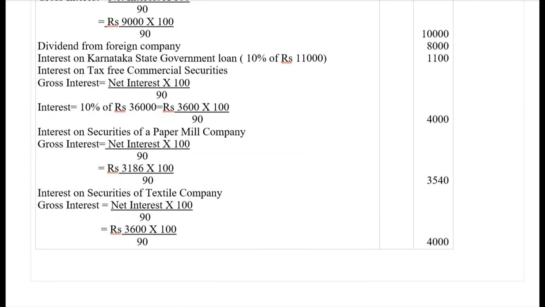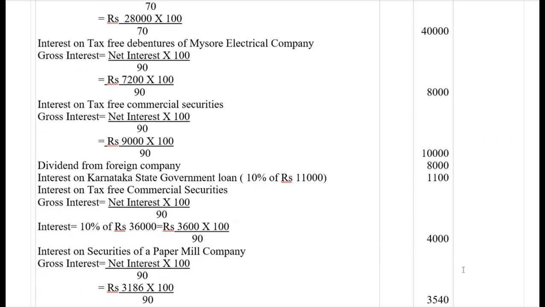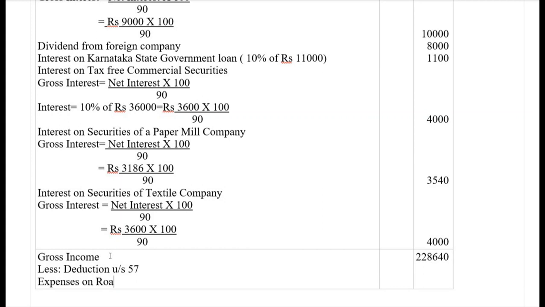So 4,000. Then the next one here, gross income will be. So now we need to make the sum of these here. So the sum of all these comes to 2,28,640. Then from this, let's deduct less deduction under section 57. We have got expenses on royalty.